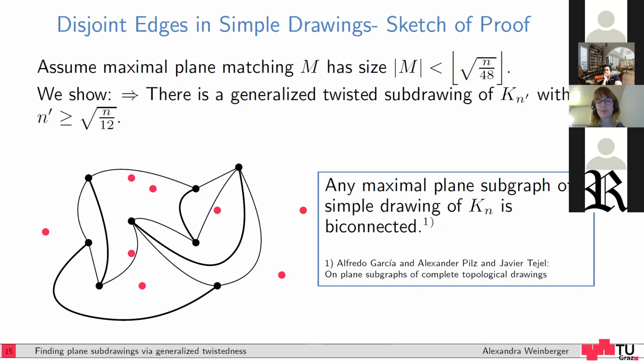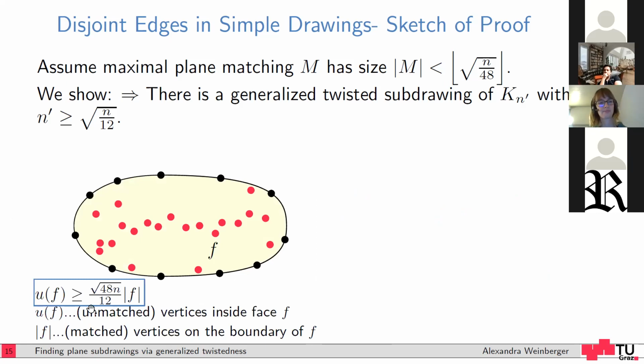What we do know is that since this is plane, with some planarity arguments by Euler and some counting, there is at least one face that has much more unmatched vertices inside the face than it has matched vertices on its boundary. And we will look at this face. And bottom left, you can now see the precise number of what is much more meant. But we are going to ignore precise numbers and just look at the main ideas. So we have this face now with matched vertices on the boundary with unmatched vertices inside, a lot of them.